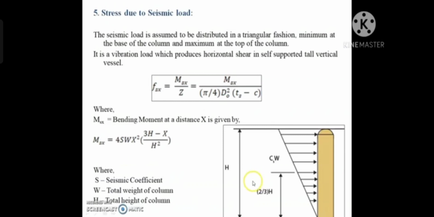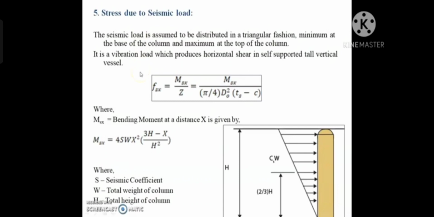Now the next part is the stress due to seismic load, and this is taken into consideration only when tall vessels are to be erected in a particular seismic zone. If there is no prevailing condition of seismic or earthquake probability, there is no need to consider the seismic load.